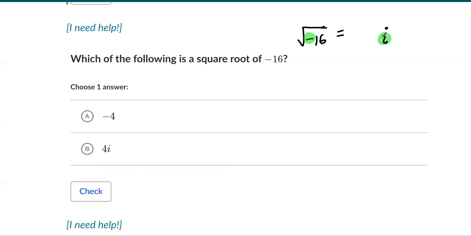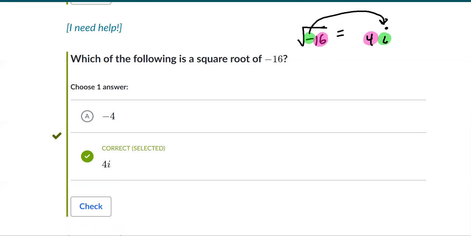Square root of -1 is i. So immediately, as soon as you see a negative under there, turn that into an i. And the other piece of this, the square root of 16, is of course just going to be 4. So my final answer should be 4i. All right, let me clear that out.